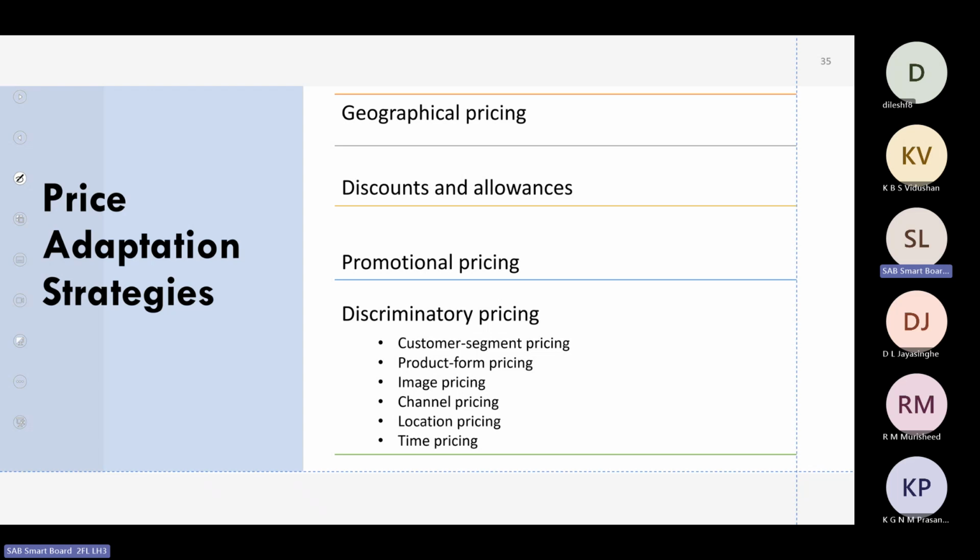Any other example for this geographical pricing? Is it only vegetables coming under this geographical pricing, or do we have anything else?